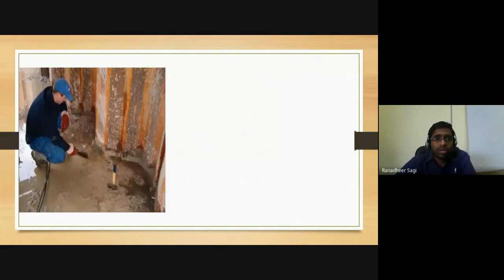So this is something you can typically see here, where one sheet pile is joined to the other sheet pile. You might have some kind of joint which is not properly overlapped one over the other, where proper welding or proper jointing is not done.